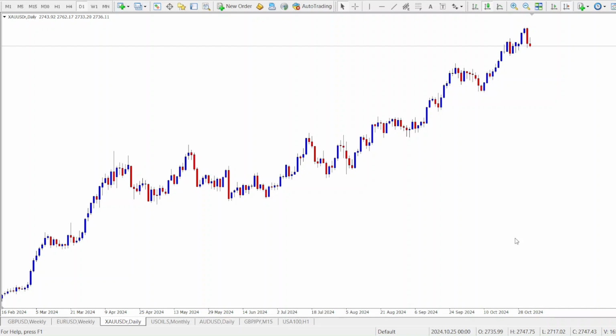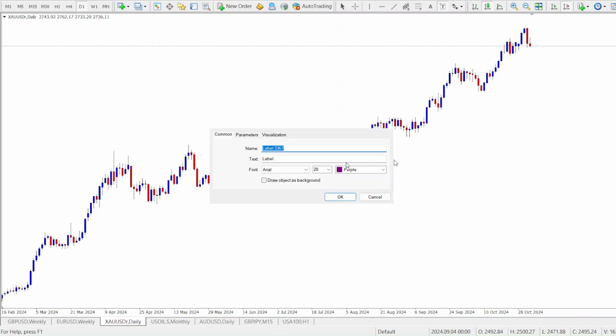Now triple candlestick patterns are some of the effective indicators for understanding market sentiment and potential turning points, right? When these patterns form on your chart, they can indicate shifts in momentum. Okay, I'm just going to write this on the chart.